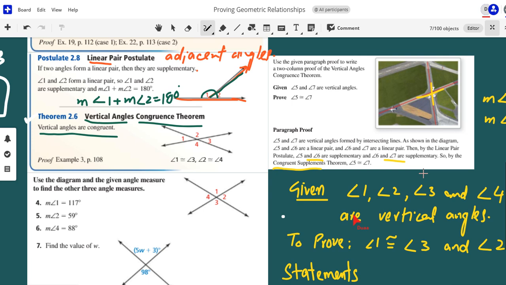A paragraph proof is shorter, but very descriptive. A flowchart is much easier, and two-column is the easiest way to prove any theorem. Usually professionals, like in our PhD, write paragraph proofs, and students at your age are comfortable with two-column proofs.